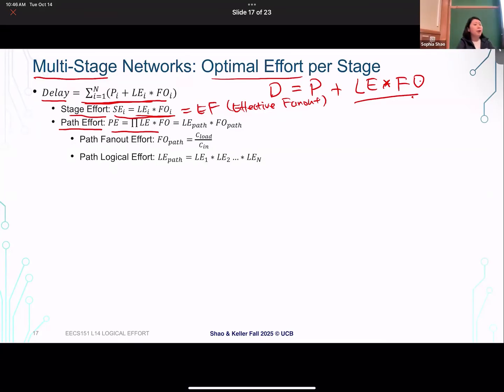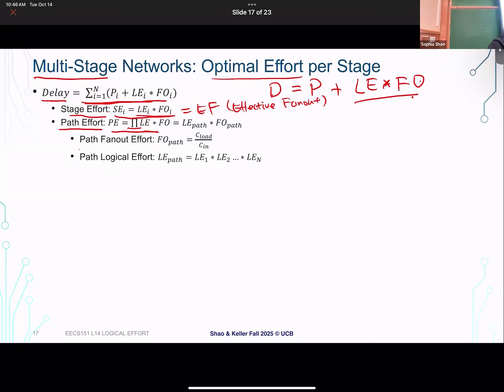Again, this is something very familiar. It's basically the product of the weighted effort of the entire path, right? Here are different terms that people are introducing. It's just a way of describing what it is. It's actually talking about the very fundamental thing we had before.